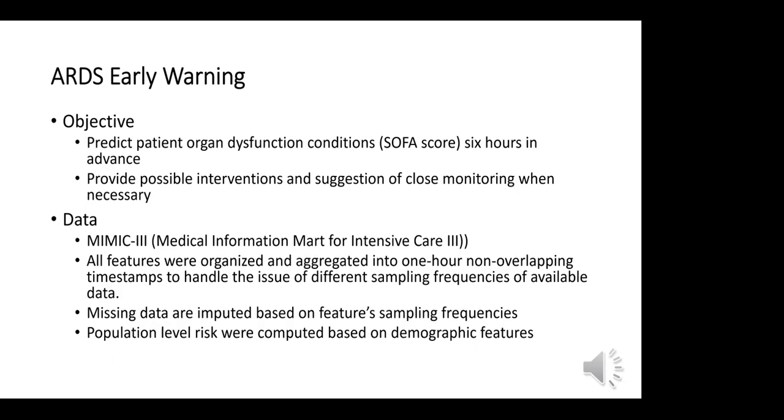Then we perform a sample and hold interpolation for specific vitals with sampling frequency greater than 1 hour. For features that were not measured throughout the patient stay, we filled in with normal value based on the medical knowledge and other patients' variables, such as age and gender, that were available.